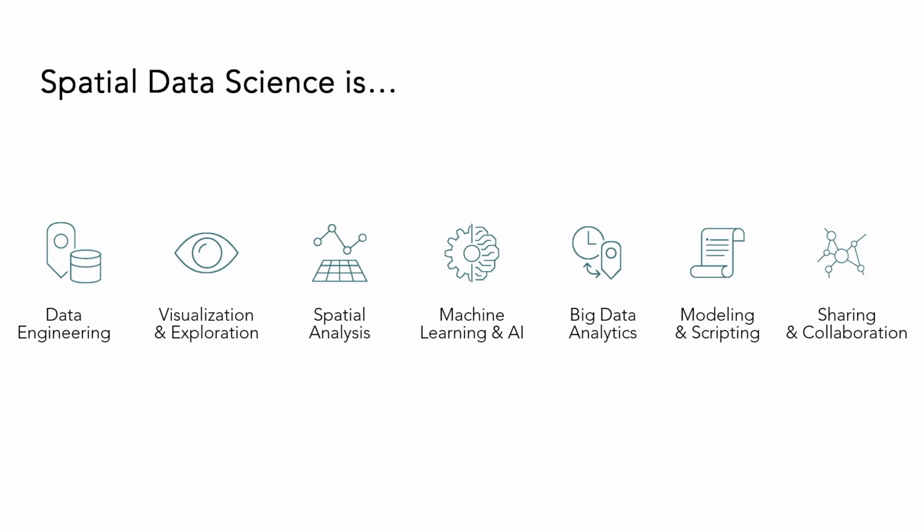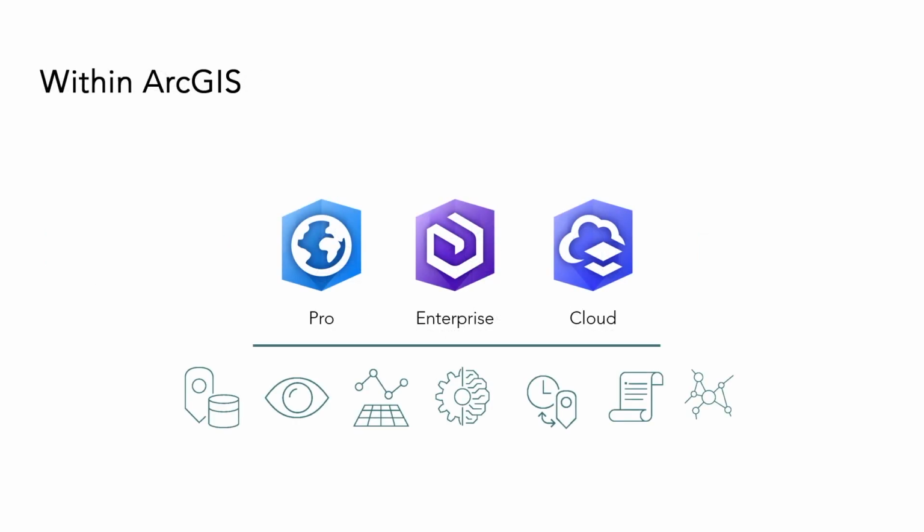And within ArcGIS, these are really an underlying capability of the entire platform. It's really important to think about the idea that spatial data science isn't just something that happens, let's say, in our spatial data science workstation, which is ArcGIS Pro. It's also that same foundation, that same framework that makes up the analytical capabilities inside of Pro that also powers Enterprise.